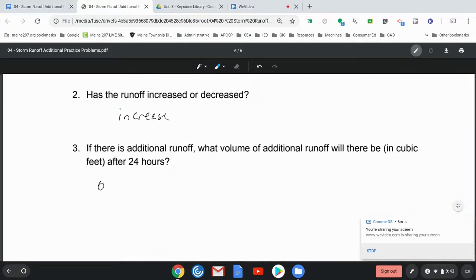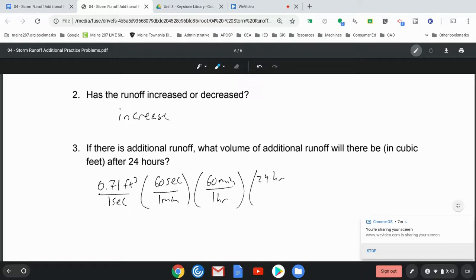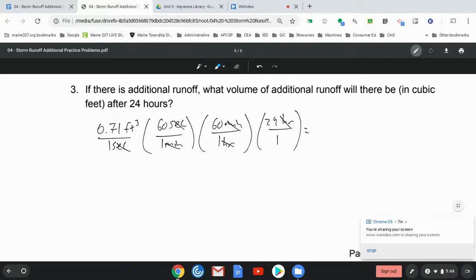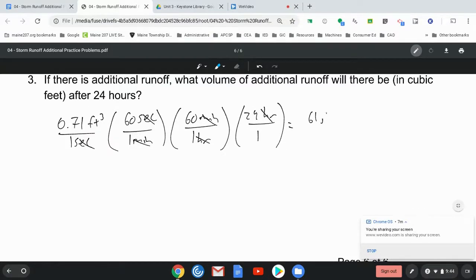And so how much do you get after a 24-hour storm? So 0.71 cubic feet for every 1 second, multiplied by 60 seconds for every 1 minute, 60 minutes for every 1 hour, and you multiply it by 24 hours. 1 is a placeholder, so hours divide out, minutes divide out, seconds divide out, all you're left with is cubic feet. 0.71 times 60 times 60 times 24, and that way, after a full day of this rain, you would need to temporarily store 61,344 cubic feet of water on site before you let it go.